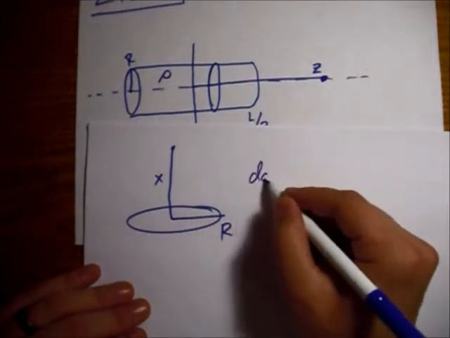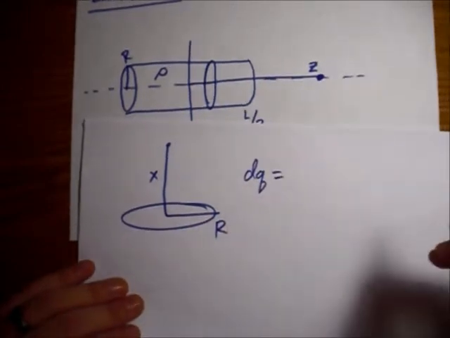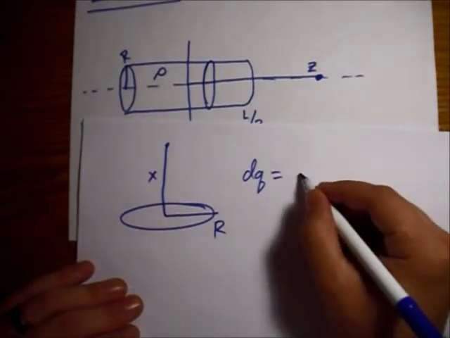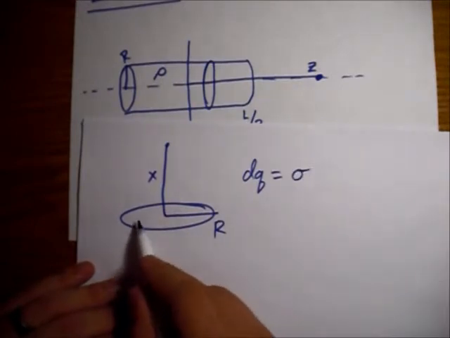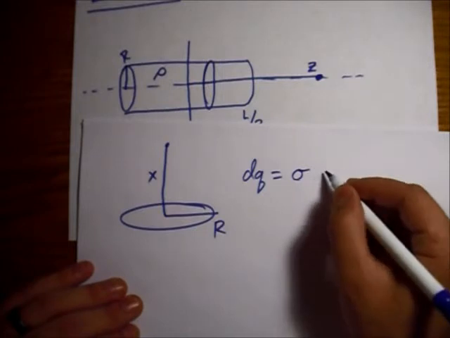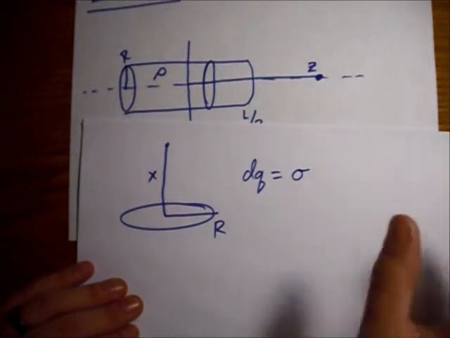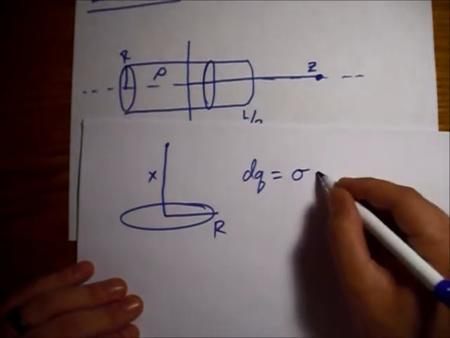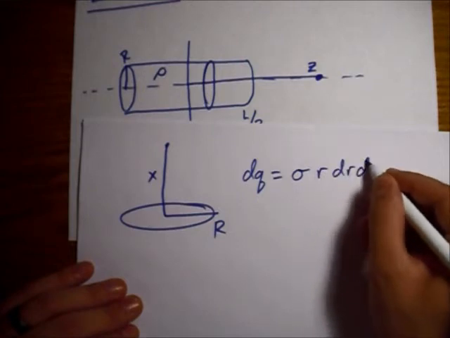Our differential charge element is given by the surface charge density of this disk, multiplied by an infinitesimal area, which is r dr d theta.